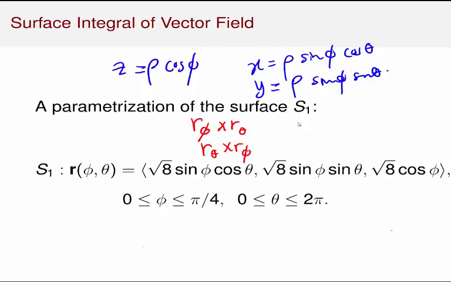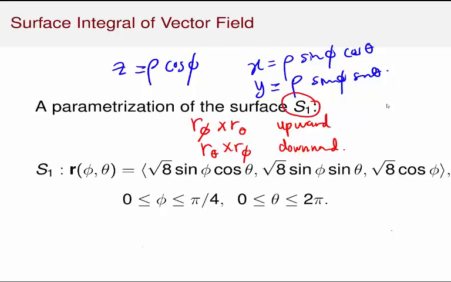From our previous study, the vector r phi cross r theta is actually upward pointing, whereas the vector r theta cross r phi is downward pointing. Now in our case, the surface S1 comes with the upward pointing normal.